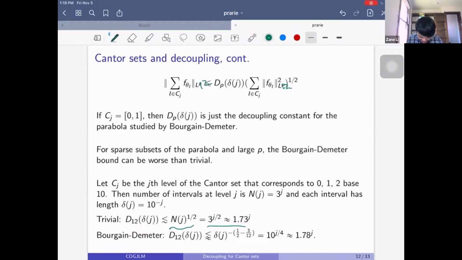And if you directly apply Bourgain and Demeter, you get something even worse than trivial: you get 1.78 to the j. It's because the number of intervals is much, much smaller than the inverse scale we have. 3 to the j is much, much smaller than 10 to the j. And this is why the trivial bound is even better than Bourgain and Demeter.